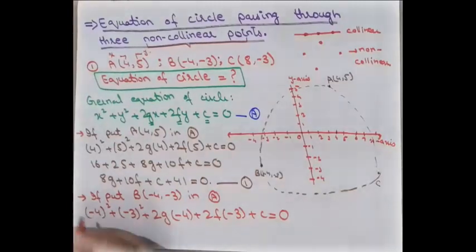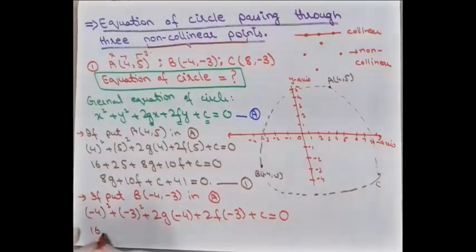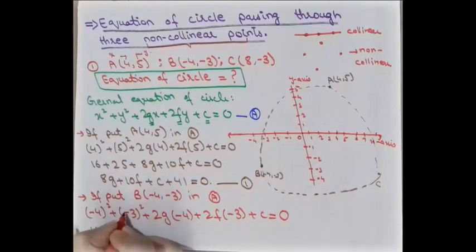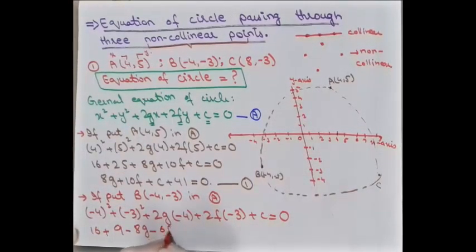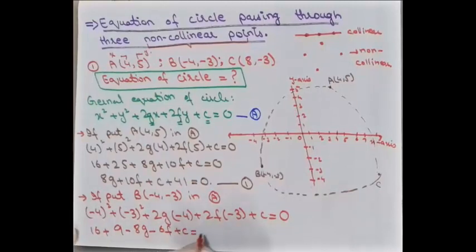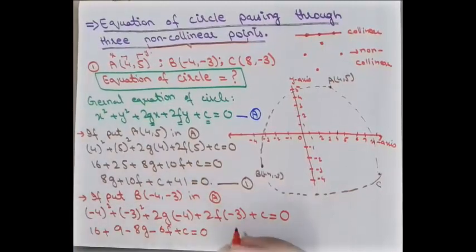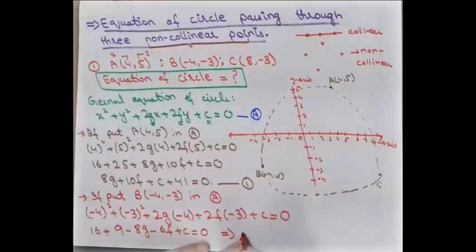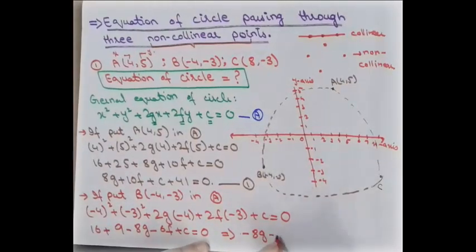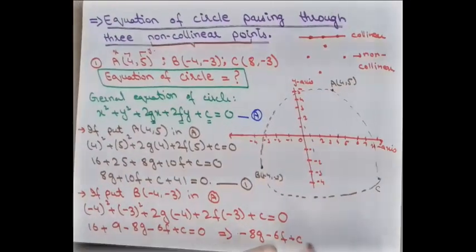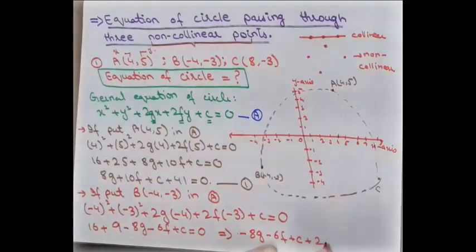Now to solve this, it will be 16 plus 9, because whenever we square a negative number, it is always positive, minus 8g minus 6f plus c equals 0. If we further simplify, it is minus 8g minus 6f plus c plus 25 equals 0, and we say that this is equation 2.